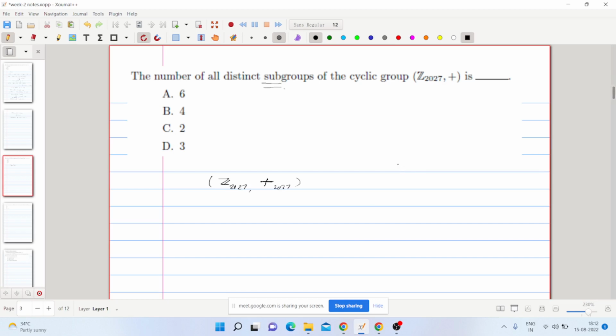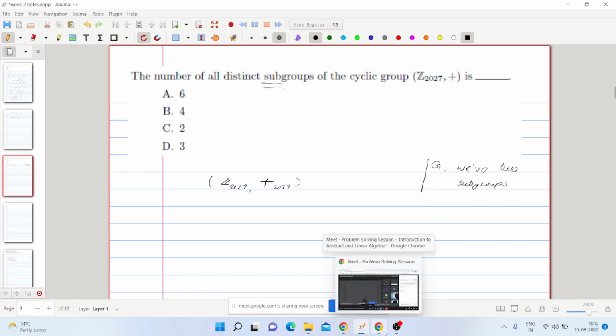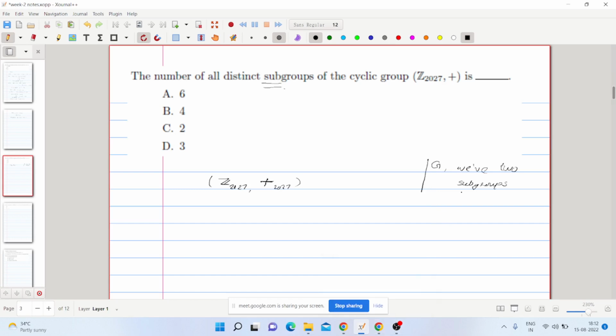For any group G, we have two subgroups. What are they? The identity, meaning the trivial subgroup, and G itself.